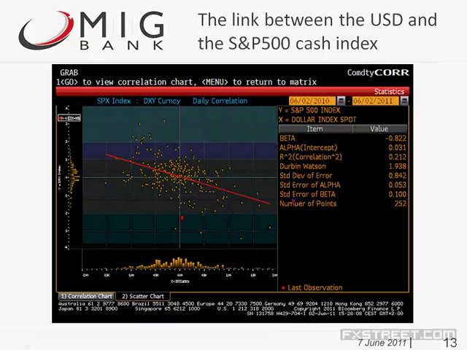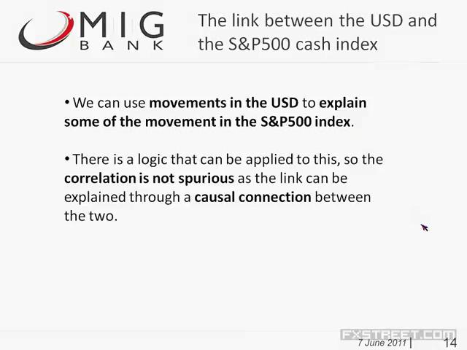And we have various statistics here on the right-hand side of the screen. So what we can conclude from this is that we can use movements in the US dollar to explain some of the movement in the S&P 500 index.